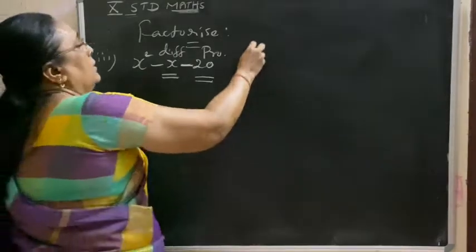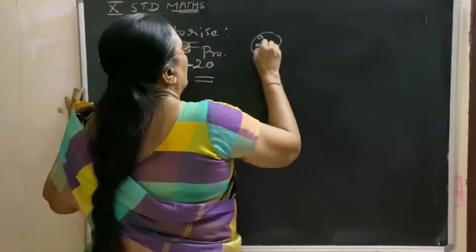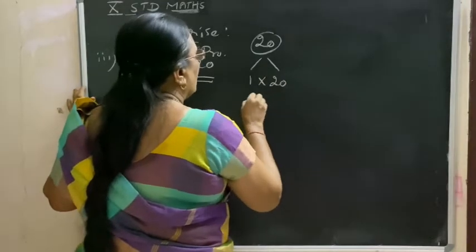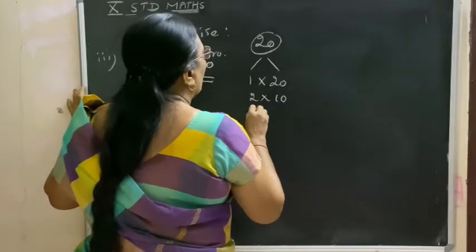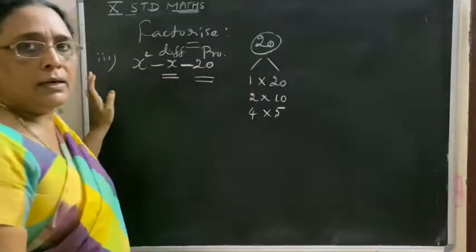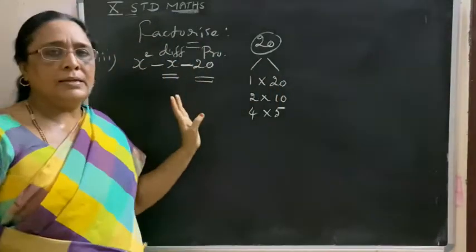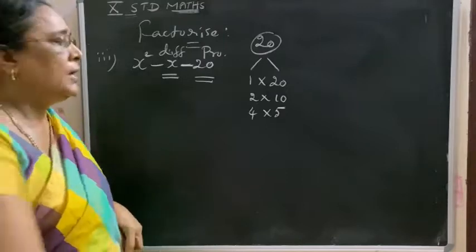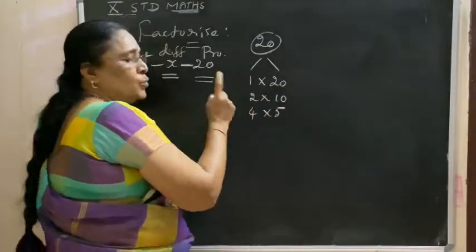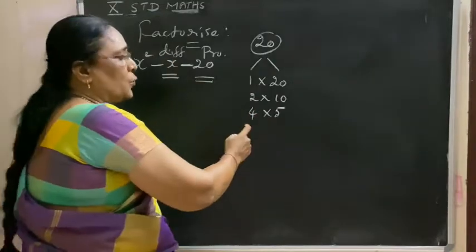Right? Now take 20 and I am going to write the multiples for 20. 1 20s are 20, 2 10s are 20, then 4 5s are 20. Here you have to find the difference. Difference means subtract. What is the subtraction of 20 minus 1 is 19, 10 minus 2 is 8, 5 minus 4 is 1.